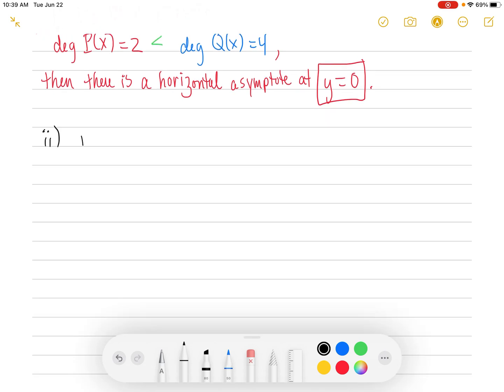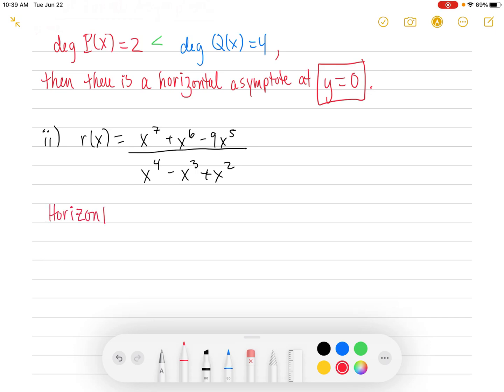Let's do a number 2 situation. Let's say we have a rational function, x to the 7th plus x to the 6th minus 9x to the 5th on top, and on bottom we have x to the 4th minus x to the 3rd plus x squared. We're going to look at our top and our bottom degree for our horizontal asymptote.